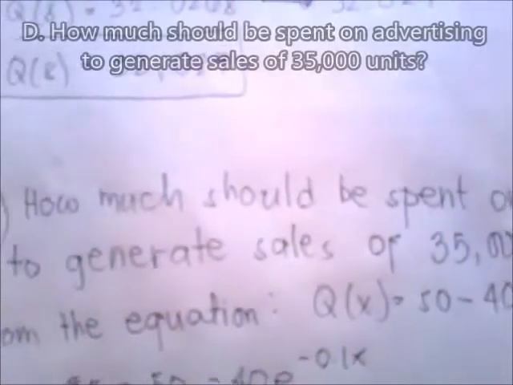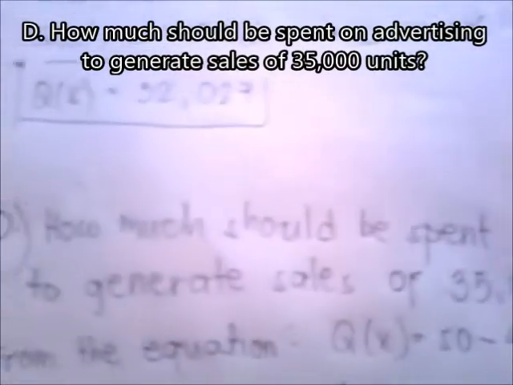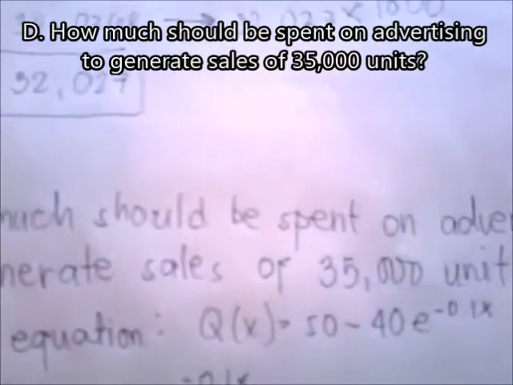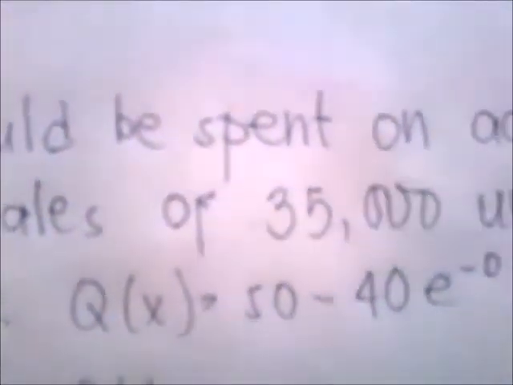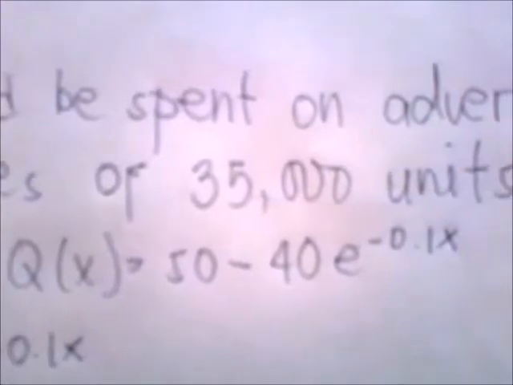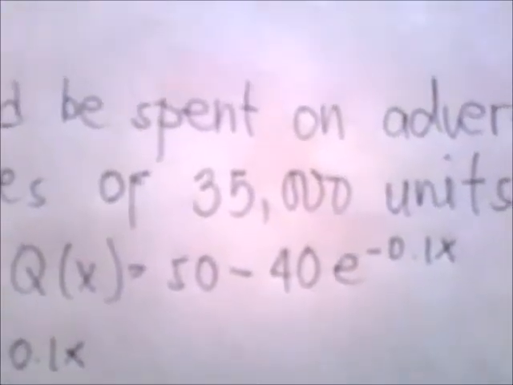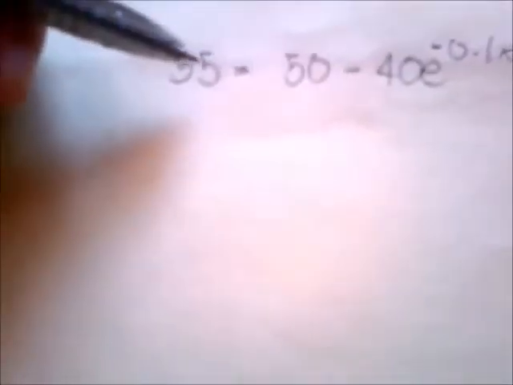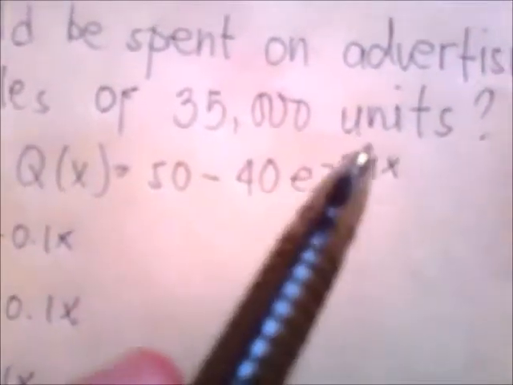Letter D. How much should be spent on advertising to generate sales of 35,000 units? From the equation, Q of x equals 50 minus 40 e raised to negative 0.1x, we come out with this solution. 35 equals 50 minus 40 e raised to negative 0.1x. 35 is from the given in the question, 35,000 units.